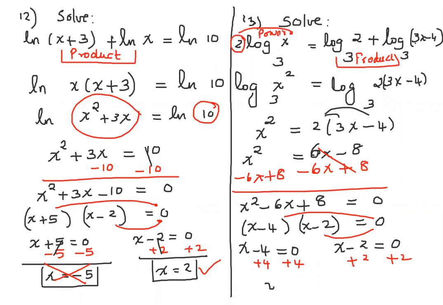So we get x equals 4 and x equals 2, and go back and substitute in the original equation. Both solutions check, so we are good. So there are two solutions for this problem, 4 and 2.